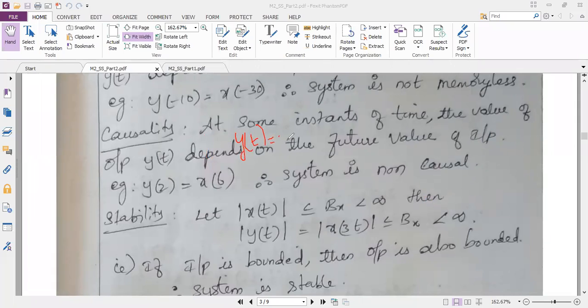If I substitute t as 2, I am getting x of 6. 6 is an advanced number compared to 2, so my system is dependent on the future values also. If the system is dependent on the future value, then I will not conclude it is causal, I will conclude it as non-causal.